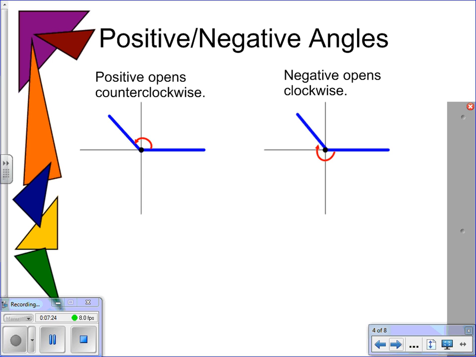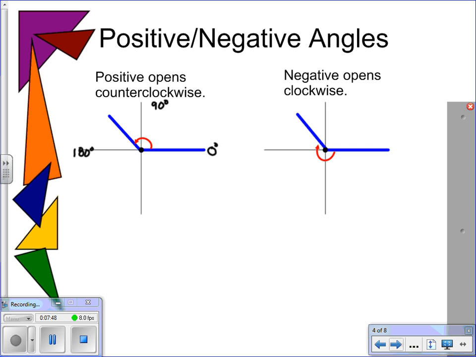Each of the axes still marks 90 degrees, but when you label them in a negative angle, you label them negatively. So like in that very first example, I would have had 0 degrees, and then as I open counterclockwise, it's positive: 90, 180, and we estimated somewhere between 90 and 180.